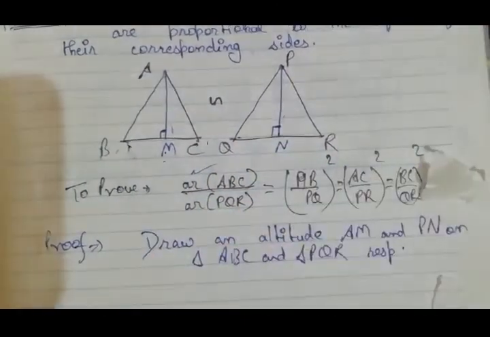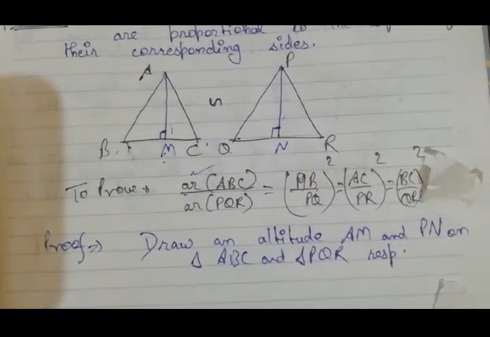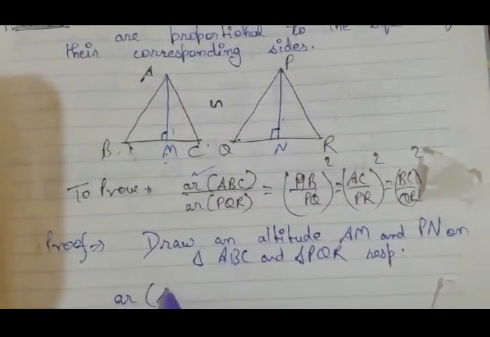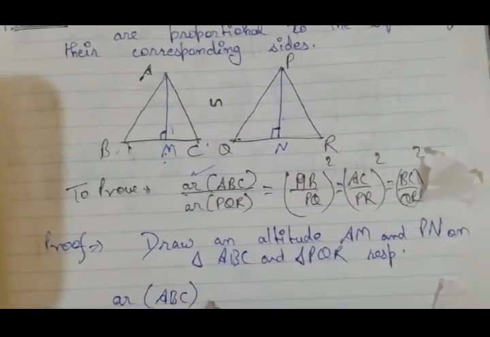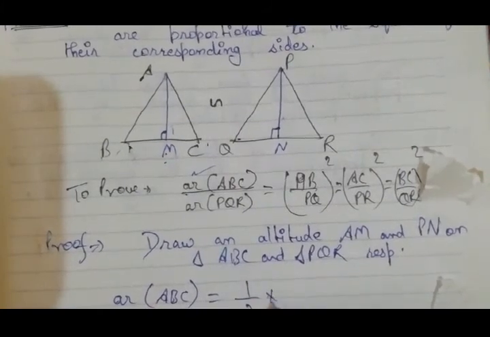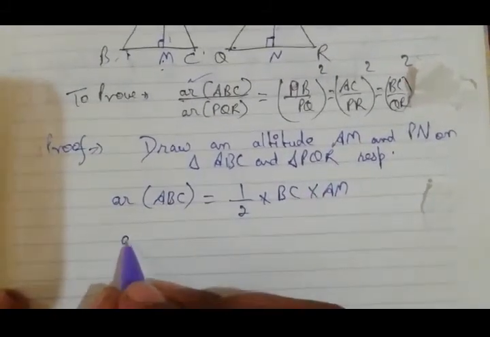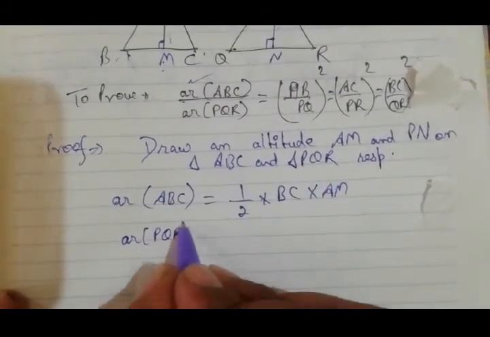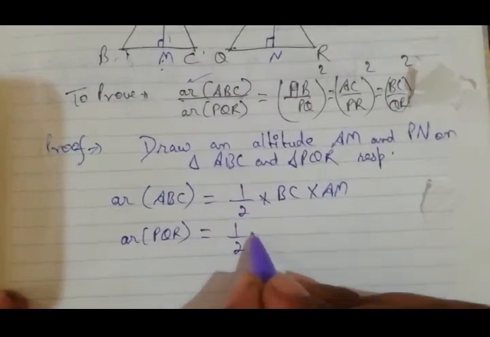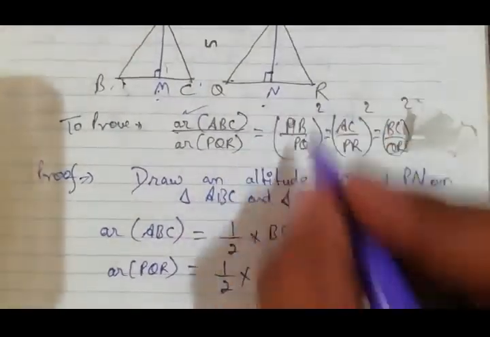Okay, now we have two altitudes. So to find the area of triangle ABC, this can be written as 1/2 into base BC into AM. And area of triangle PQR is 1/2 into base QR into PN.